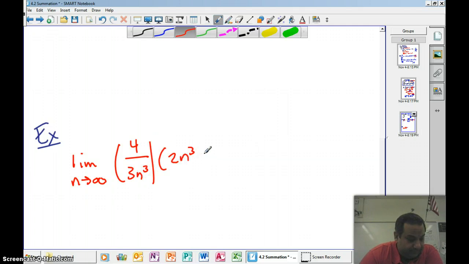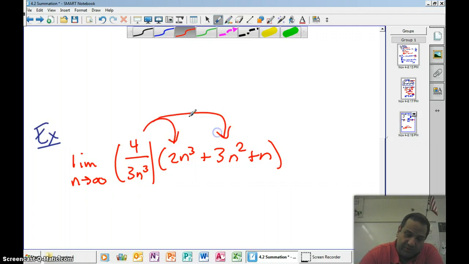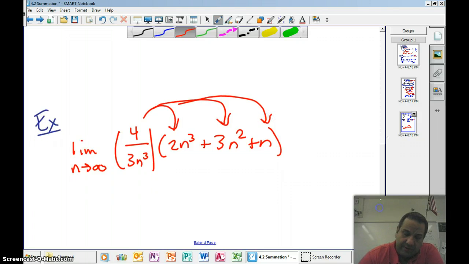And here we go. This is our problem. I'm going to go ahead and multiply it out, so I'm going to distribute each one of these. All right, notice there's no sigma notation. So if you join a sorority, it's usually sigma, sigma, sigma.